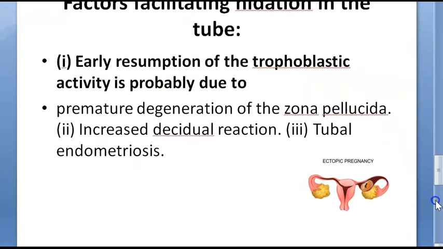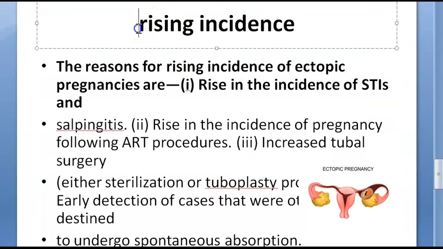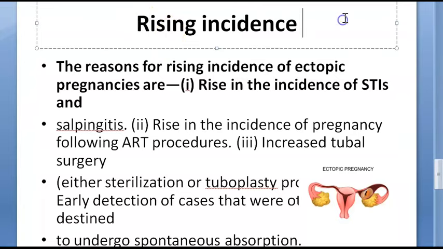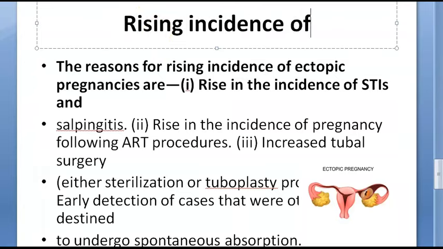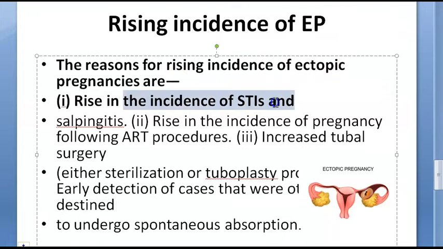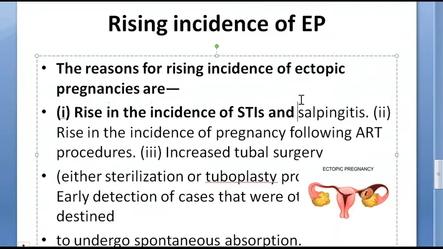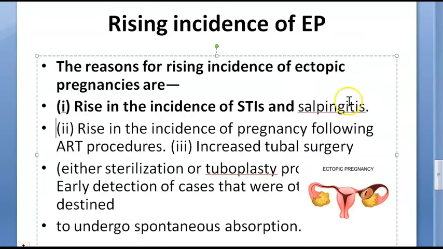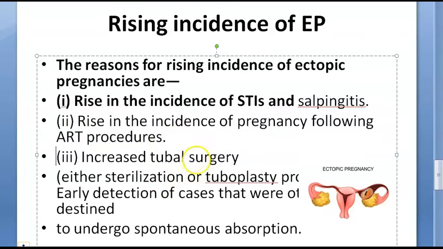First let's go there. Look at this. Why is there a rising incidence of ectopic pregnancies? First of all, there is an increased incidence of infections. So what happens if infections are more? Ectopic pregnancies, right? Salpingitis, etc. will happen. Pelvic inflammatory diseases. There is an increase in ART procedures, that is, artificial reproductive techniques are more common.